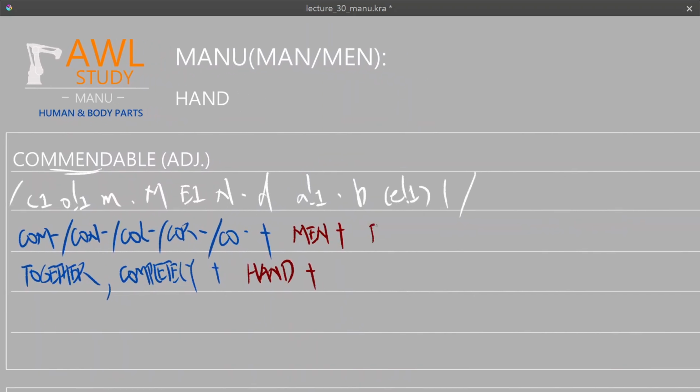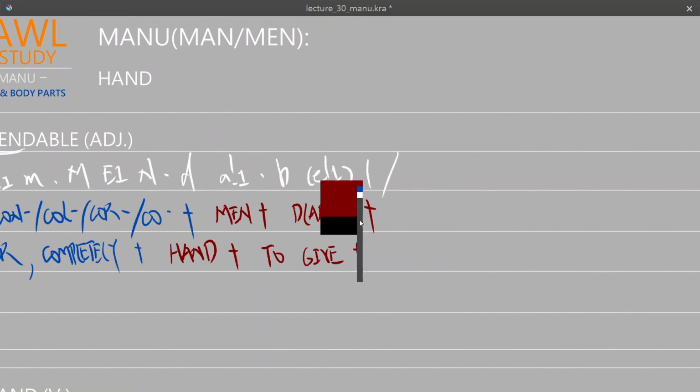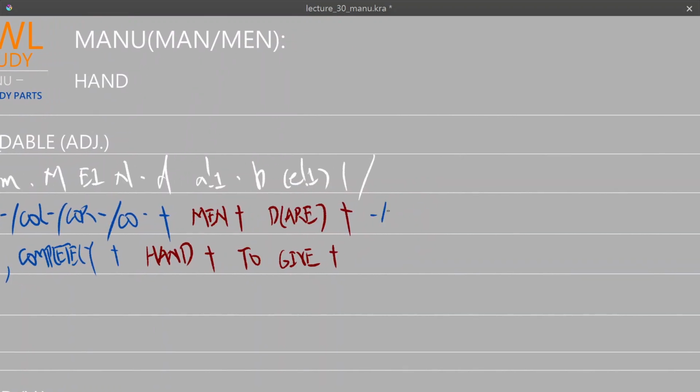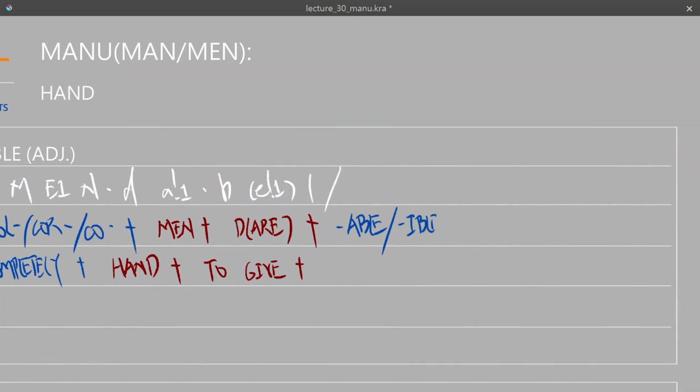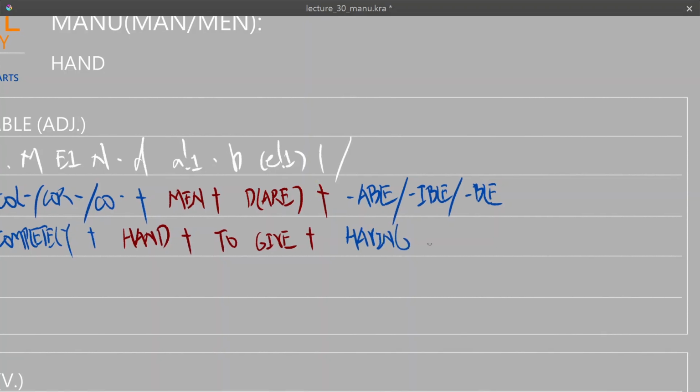And we have dare, which is another root, meaning to give. And we have able, an adjective suffix, meaning having the ability to do something, or being able to do something.